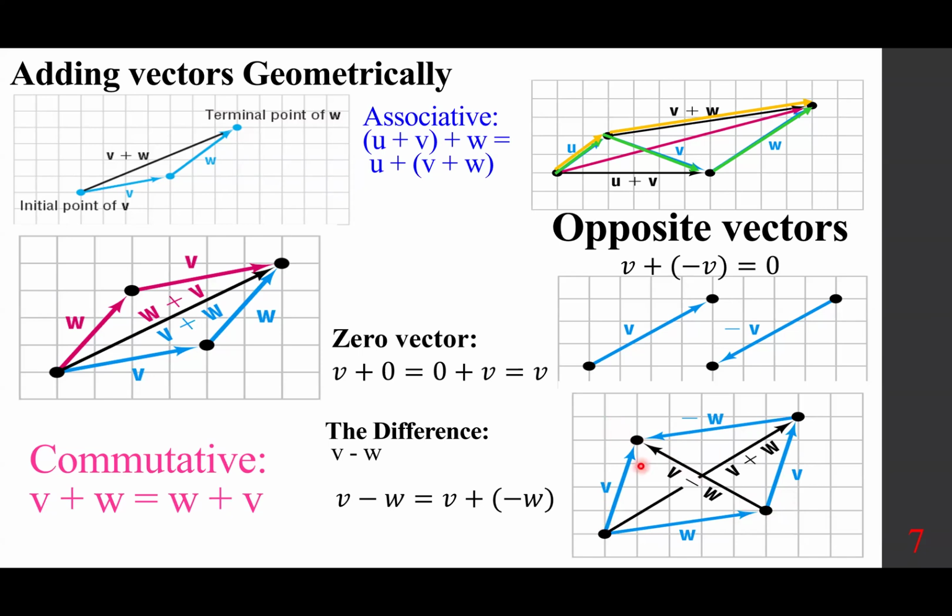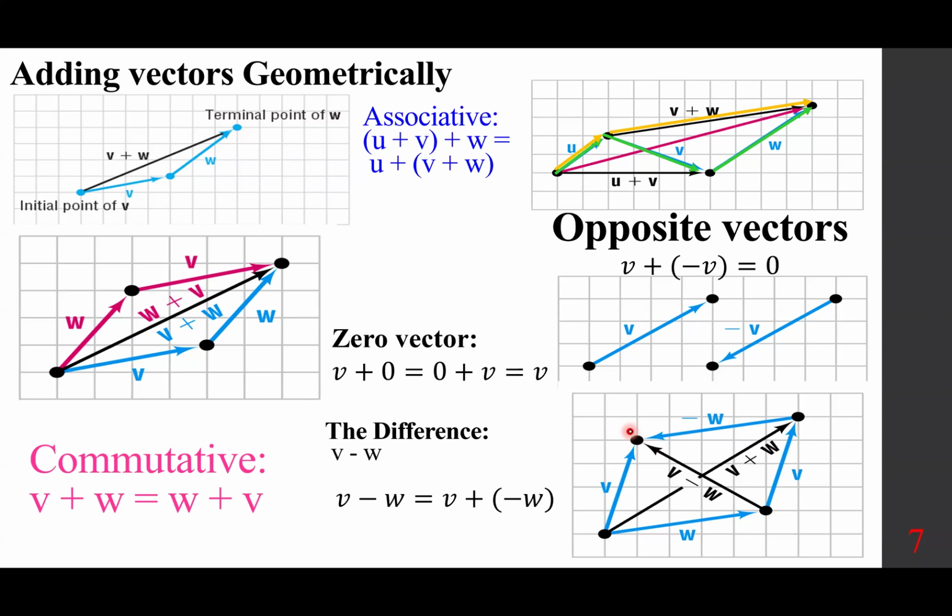Again, V is the same as this one. W is this one. This is minus W, because we are going in the opposite direction. If it was the same direction, it would be the same as W. Opposite direction is minus W. So look at this one. The terminal point of V and the initial point of negative W are connected. So you go this way. V minus W means going from the terminal point of W to the terminal point of V in essence.